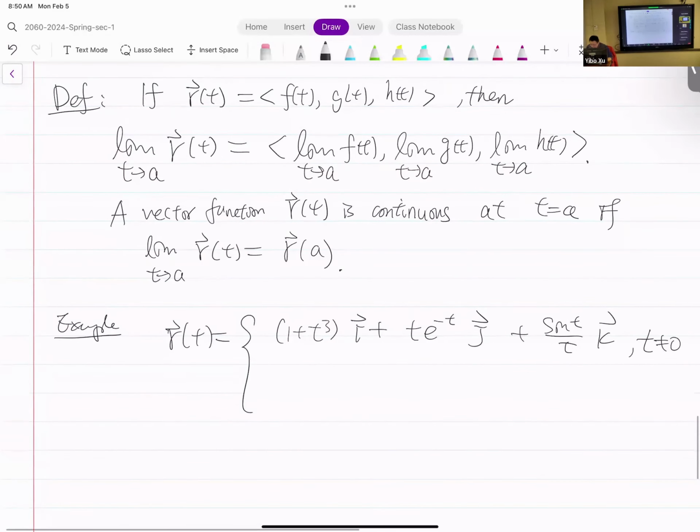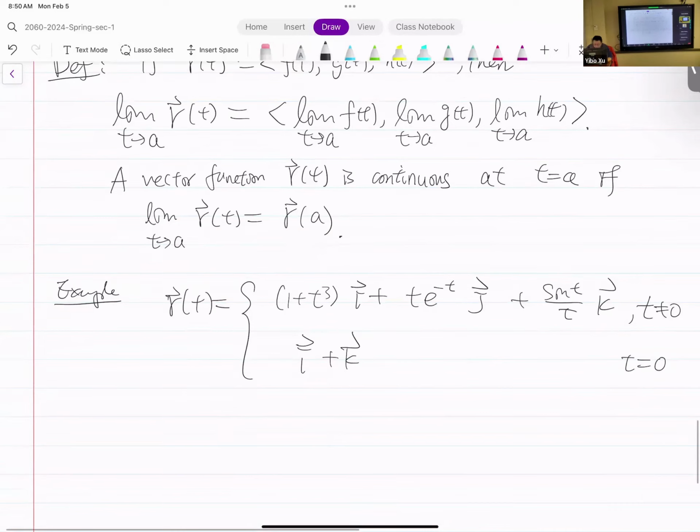You see the only thing that's illegal here is the denominator t. So when t is 0, it's not legal. So when t is 0, we are going to define the vector function as i plus k. So here, is r of t continuous at t equal to 0?